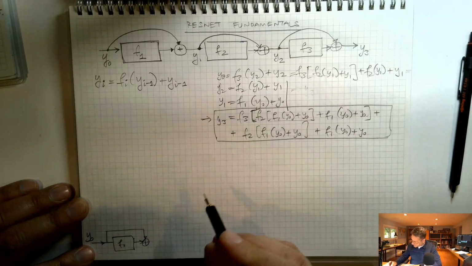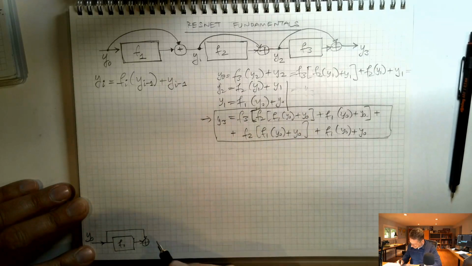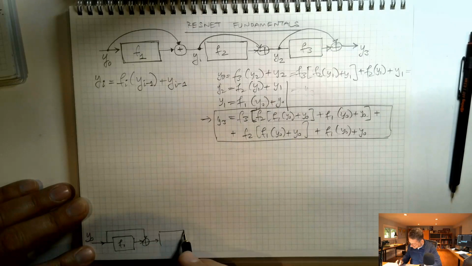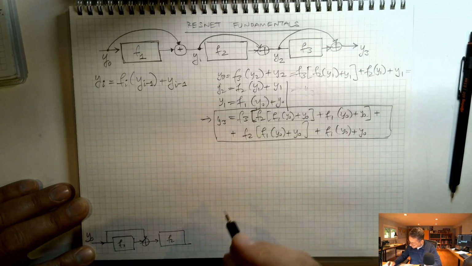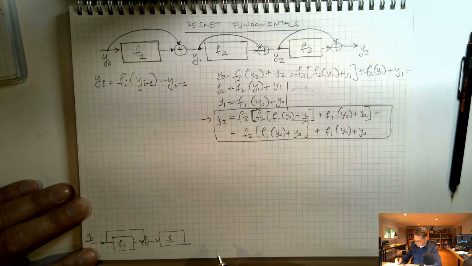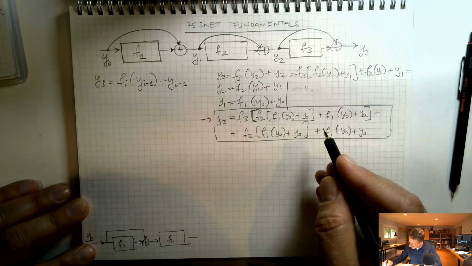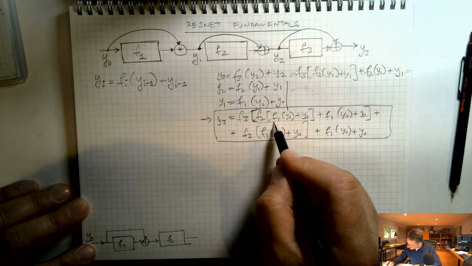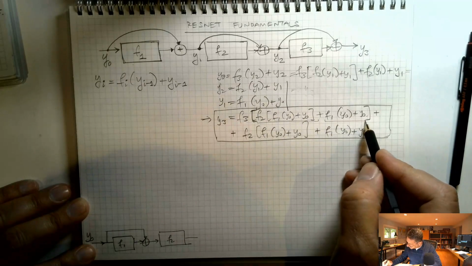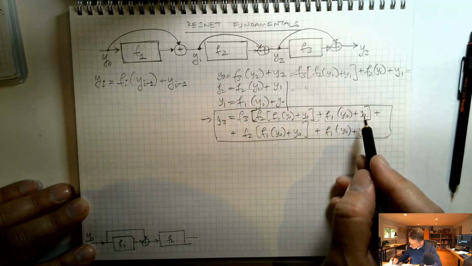All right, so then we take the f2 of this term. So the output of this is being fed to f2. And what we do is, for this f2, we add this term over here, f1 of y0 plus y0.